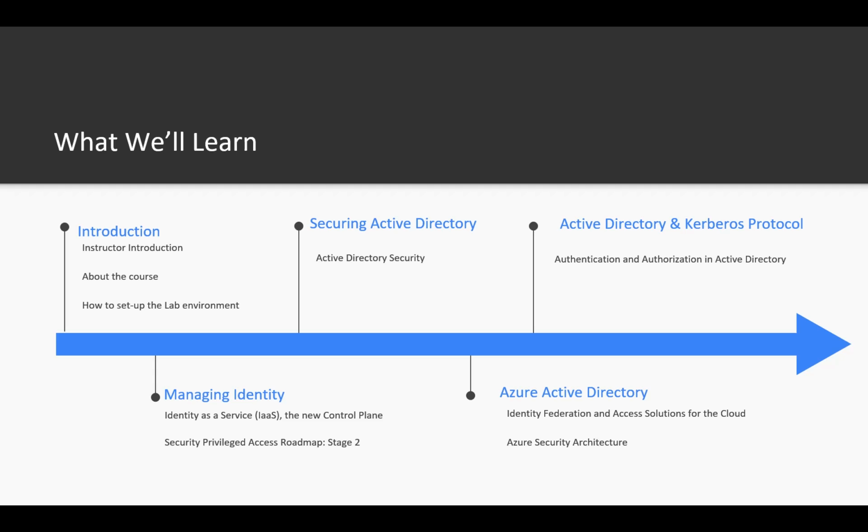And then the last section of the course will discuss on-premises Active Directory and the Kerberos protocol. Again, we'll have one big lesson covering authentication and authorization in Active Directory. Here we'll talk about things like the components of the Kerberos protocol, the logon steps, the domain logon steps, and much more.